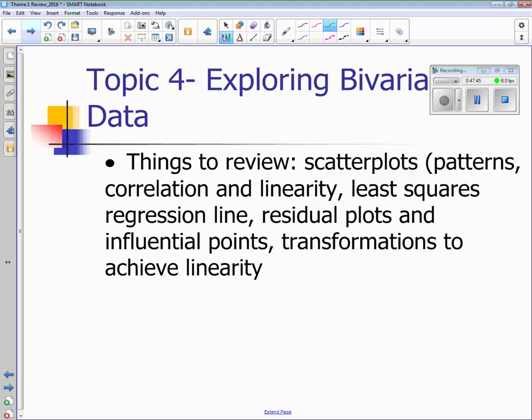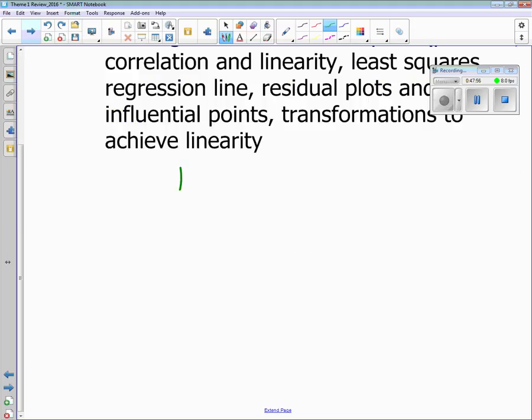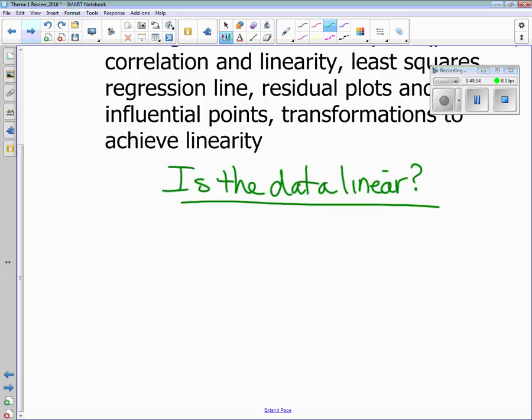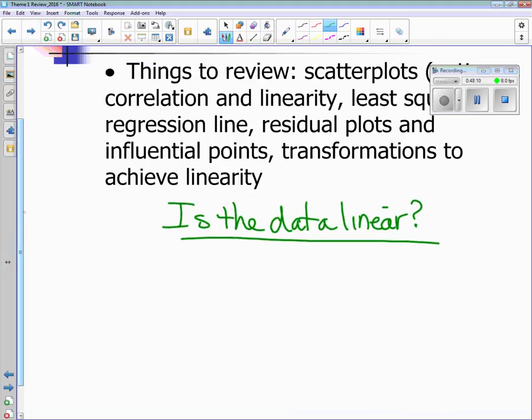But I wanted to make sure before I send you off that we talked at least about bivariate data, because that's what this is. Whenever we're trying to ask ourselves a question, is the data linear? What questions are we asking ourselves? Or what am I looking at? What kind of plots would I be looking at if I was saying, is the data linear?